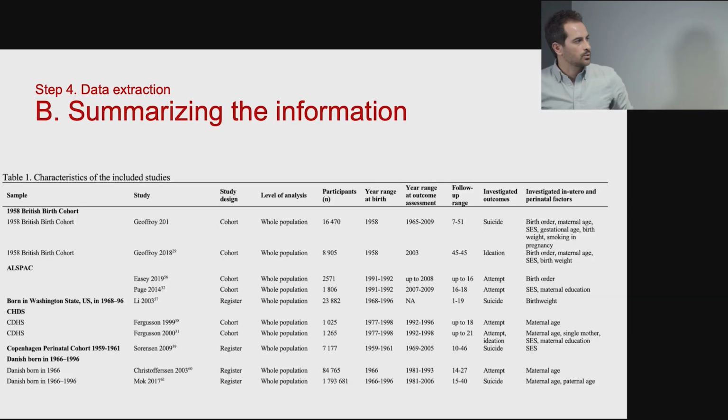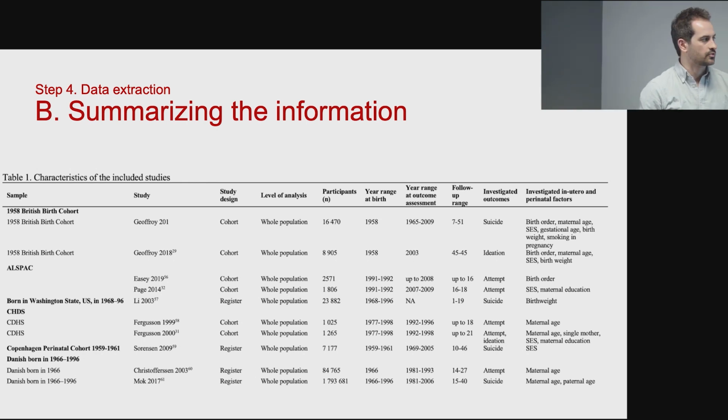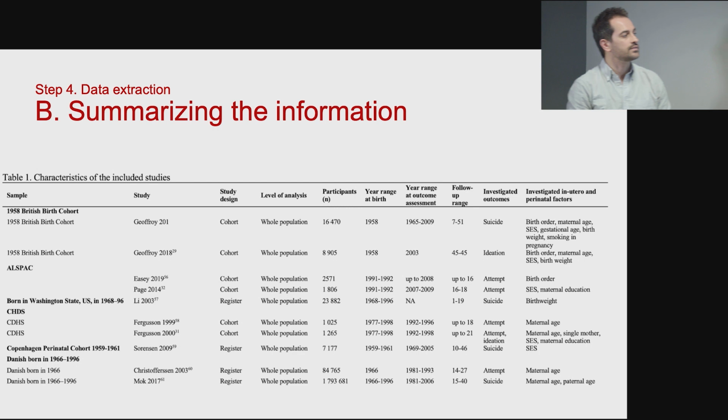So in the paper, we report a summary of those data extractions in the first table, characteristics of included studies. We chose to present the sample, for example, from the 1958 British Birth Cohort, and so the author and the year, and the design they used, whether they were cohort studies or register studies. We put the level of analysis just for this paper because there were differences in the level of analysis.